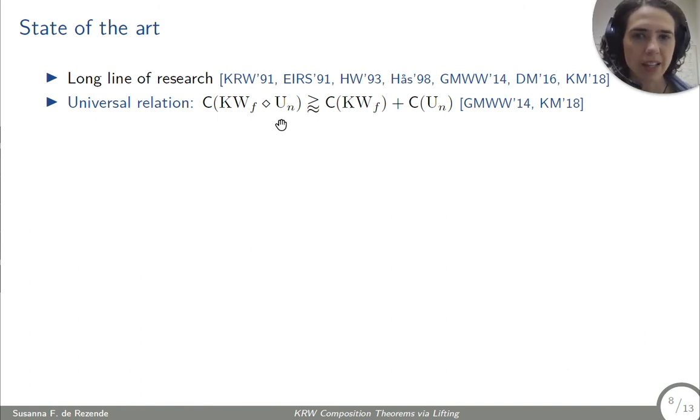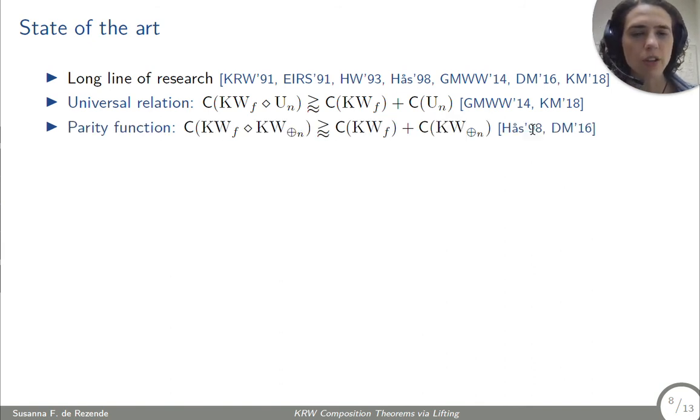So now I can actually say that the universal relation is a simplification of the KW game on some function. So we know how to prove it in this case, and we also know how to prove it when the inner function is parity. And that's basically it. Those are the two cases where we can show that the KRW conjecture holds.